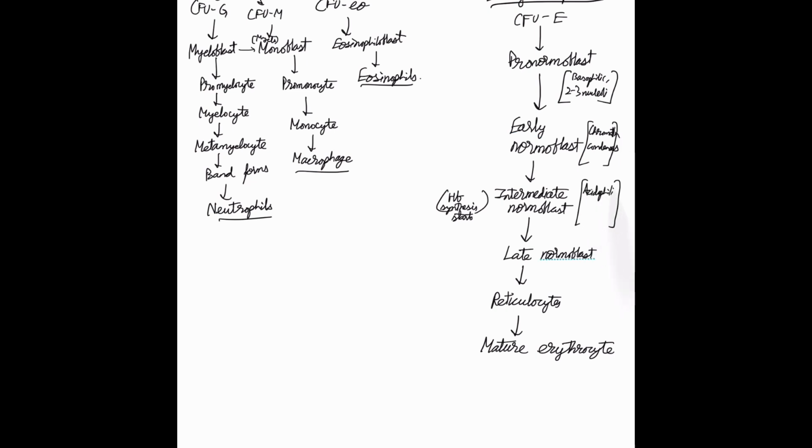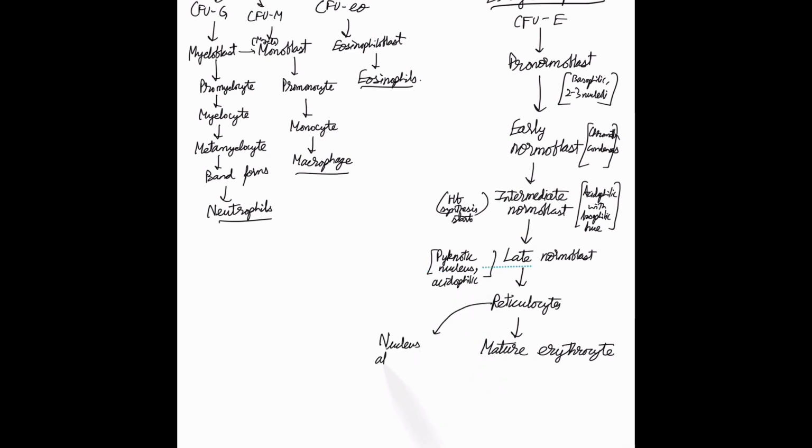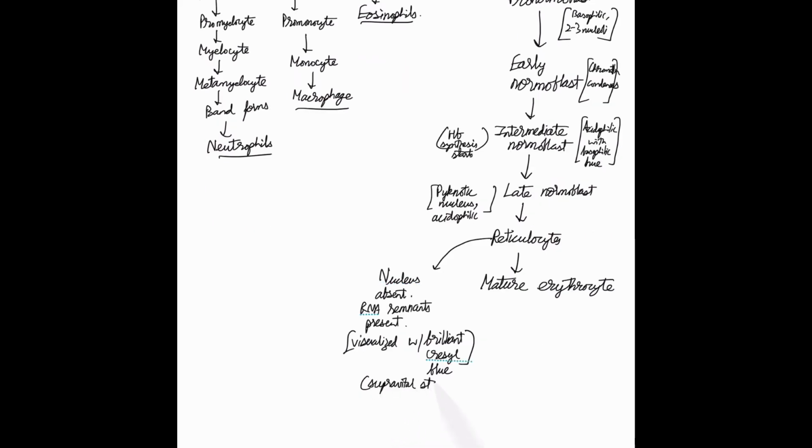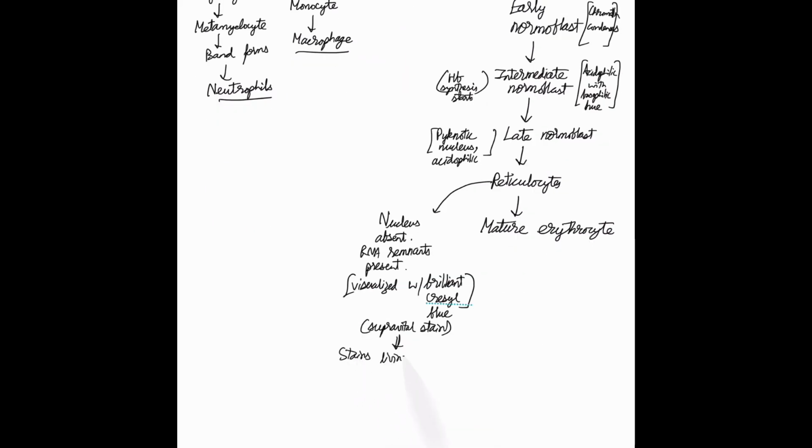The chromatin condenses in an early normoblast. The intermediate normoblast is acidophilic with a basophilic hue, and the late normoblast has a pyknotic nucleus and is acidophilic. Reticulocytes have no nuclei with RNA remnants, and the stain to visualize this best is brilliant cresyl blue, which is also known as a supravital stain. Basically, stains that stain living tissue that has been removed from the body.